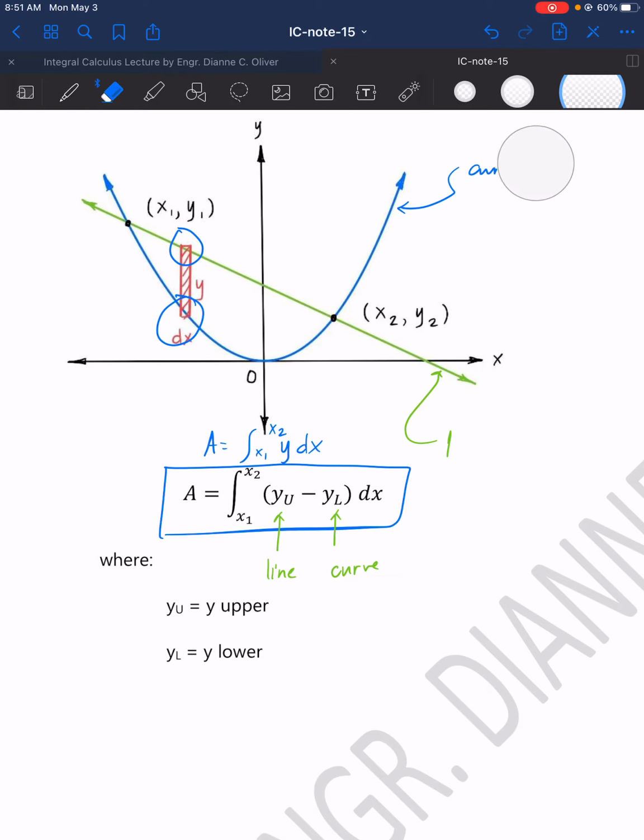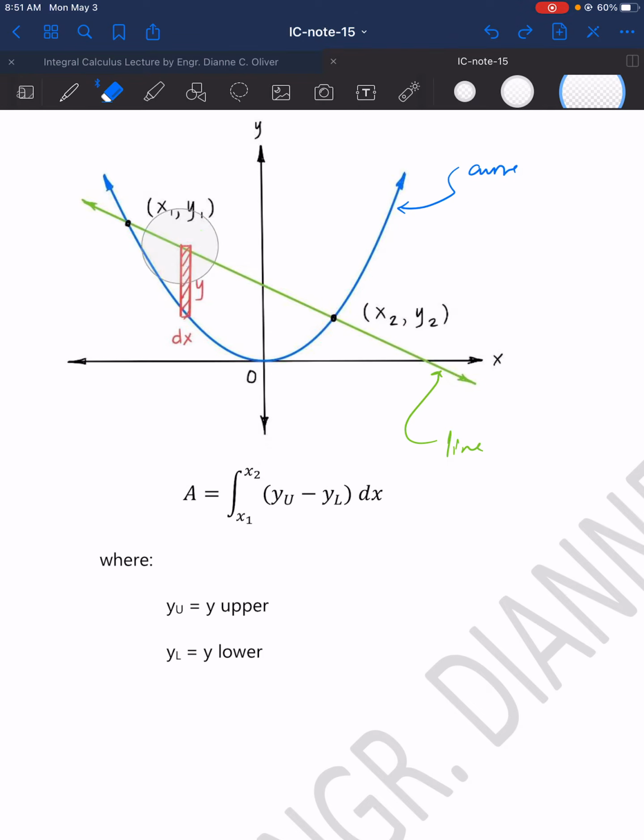Now the question is, will we use the horizontal area strip? If we are using the horizontal area strip, I will take a representative area here. So this is dy. Now I will tell you why we are not using the horizontal area strip here.